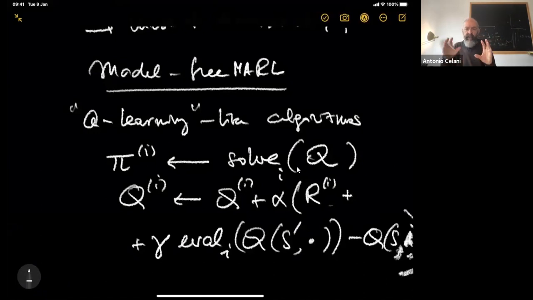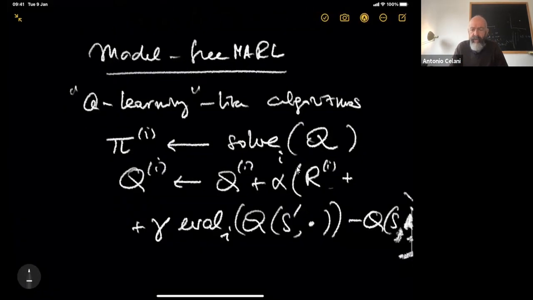So you see that there is the same formal structure as in Q-learning or in SARSA. But the key issue here is what you use as these two functions, solve and eval. Suppose you have all the Q values of your actors. This operation solve is non-trivial, because, like I discussed earlier, you could decide that the policy of the agent i depends only on the Q of its own.